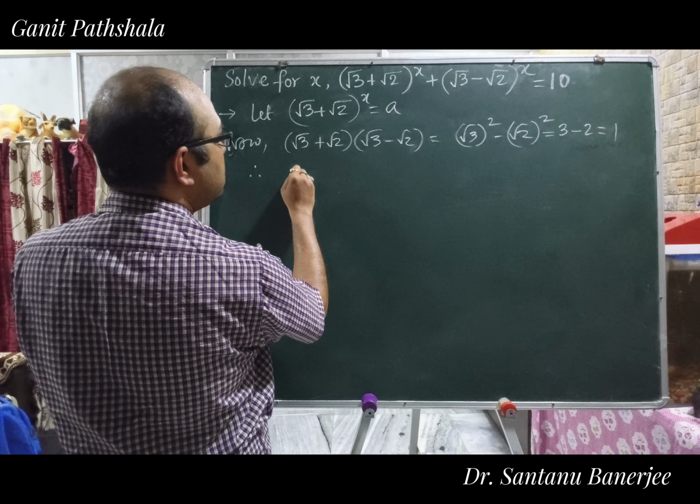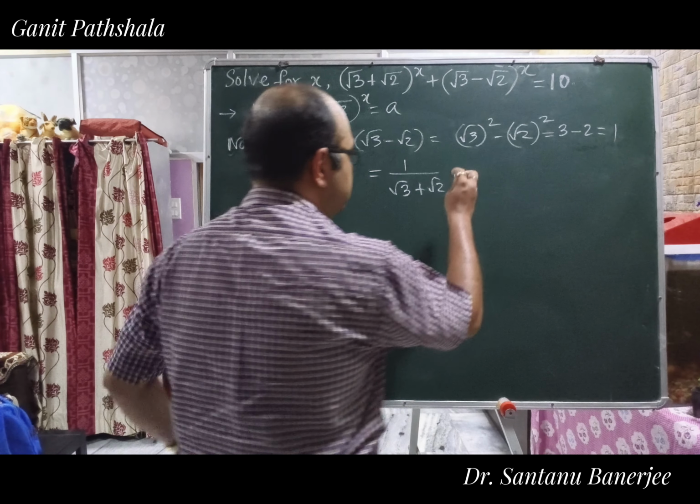Root 3 minus root 2 equals 1 by root 3 plus root 2. If the multiplication of these two is equal to 1, then root 3 minus root 2 is equal to 1 by root 3 plus root 2.